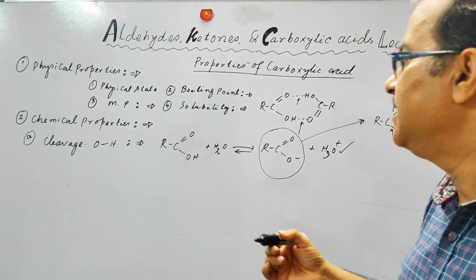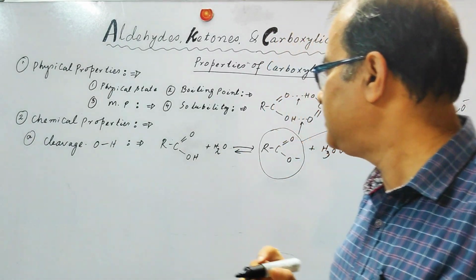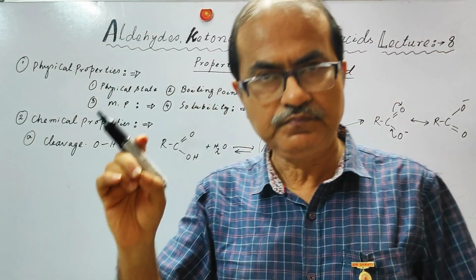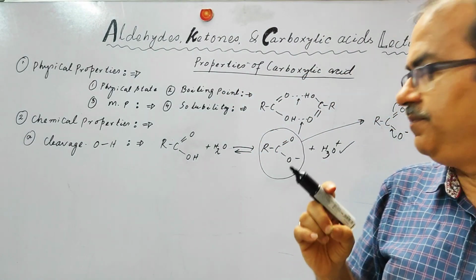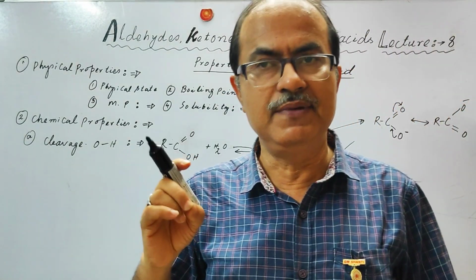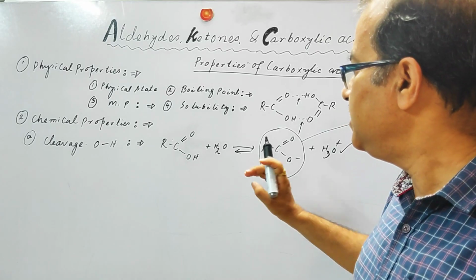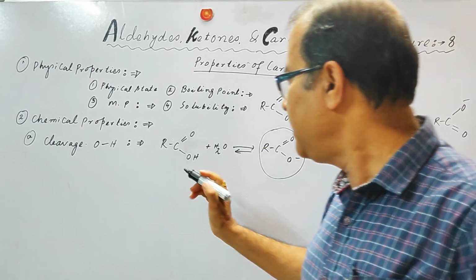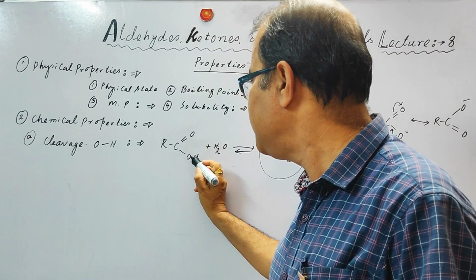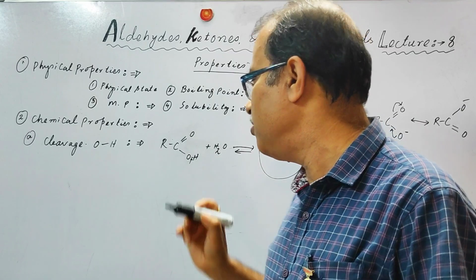And acetic acid, the simplest acid, has a pKa value of 4.76, and this shows its acid property. So here you can see there is a cleavage of the OH bond.